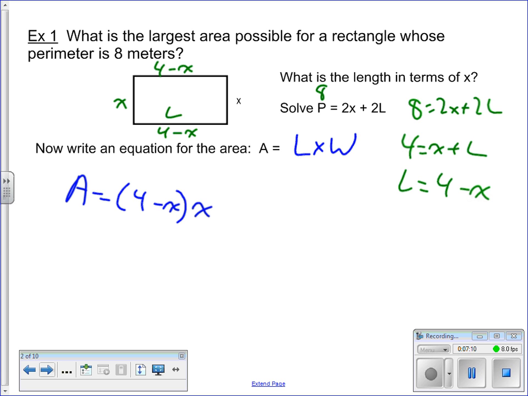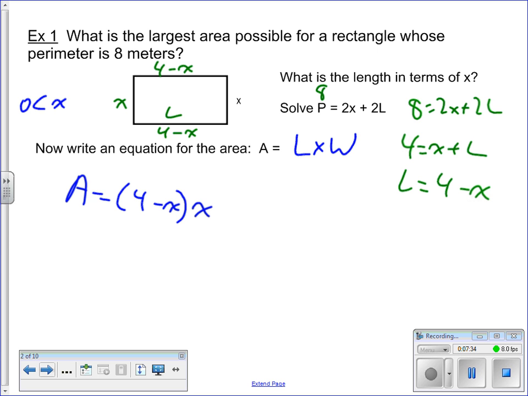If my width is 0 and my length is 4, I have an area of 0. So what's the smallest my width could be, the smallest x could be? x has to be just larger than 0, right?